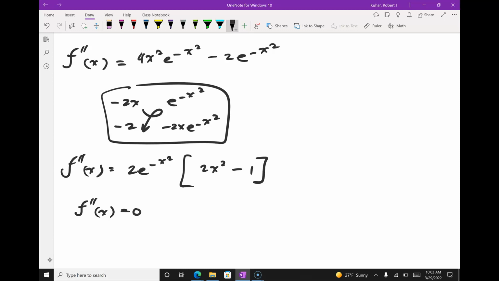So f double prime of x equals 0 implies 2x squared minus 1 equals 0, which is x equals plus or minus square root of 2 over 2. Right? I get x squared equals 1/2 and I square root 1/2. Right? I get plus or minus square root of 2 over 2.